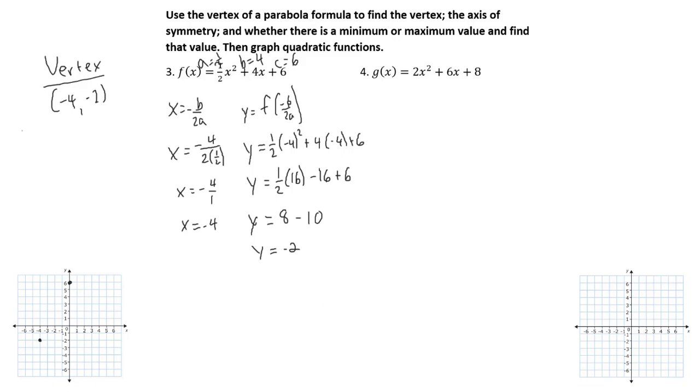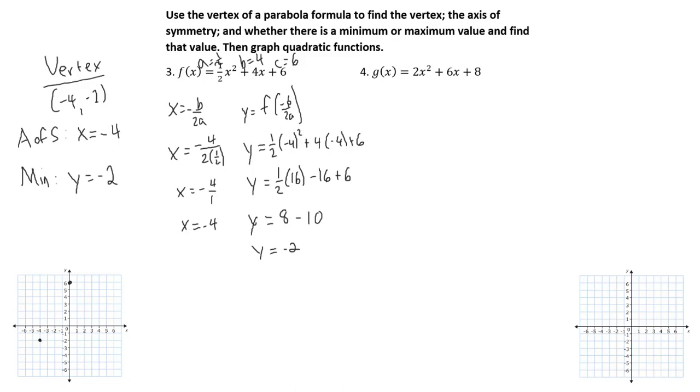All right, and so now we can find our axis of symmetry, which is x equals the x value in the vertex, and then our minimum value. And again, our a is positive, so it is a minimum at the y value when it equals negative 2.